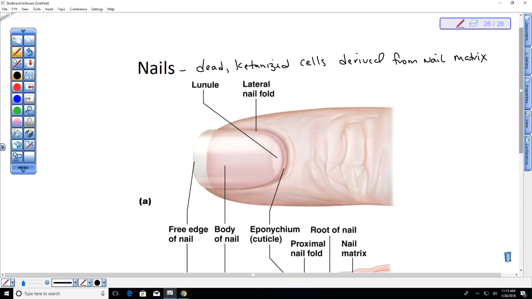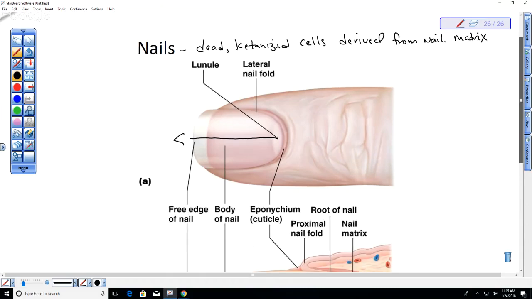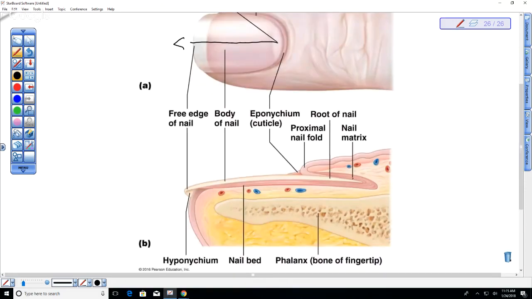So the nails grow outward like that. They're just modified, derived from the epithelial tissue. If we look at that nail matrix, it would be here underneath the cuticle. Those are where the cells are producing the hard nail that then slowly moves outward.